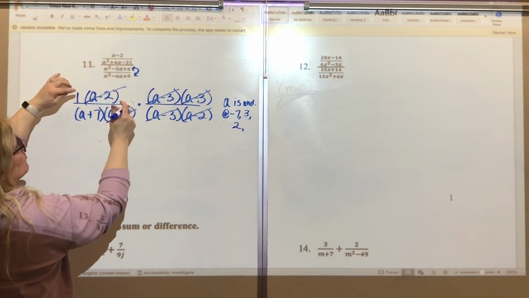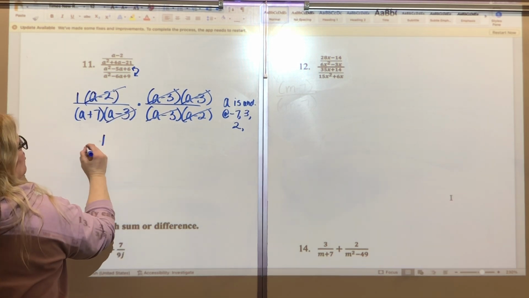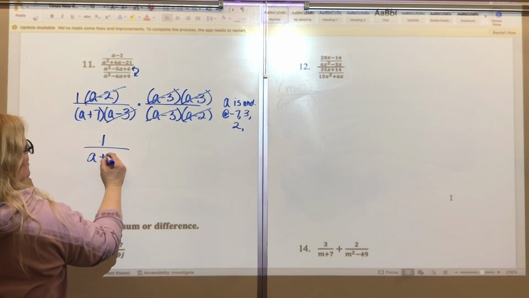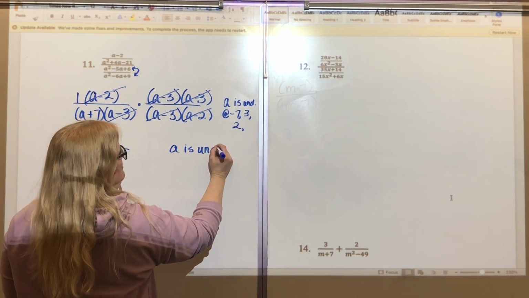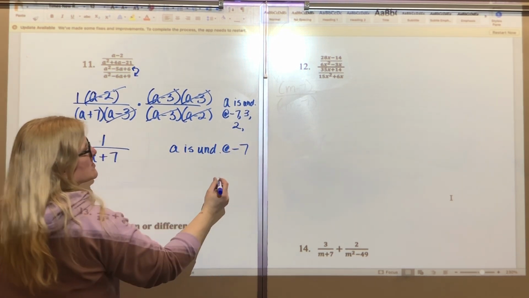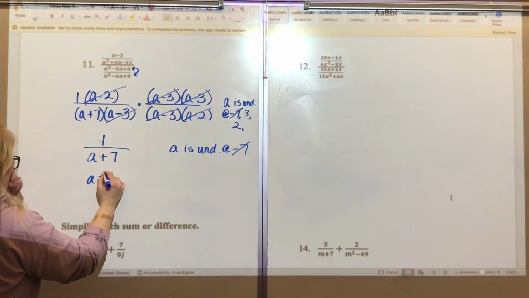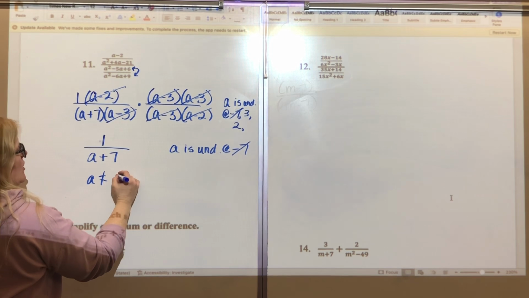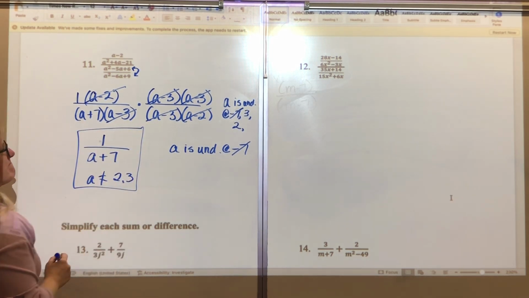Because when we cancel these out, we're left with 1. So I get 1 over a plus 7. A is undefined at negative 7. So there are the 2 that are the same, excuse me, leaving me with the 2 that are not the same. Okay?